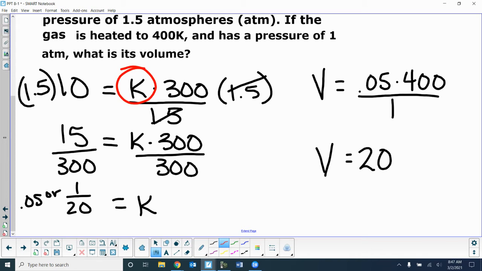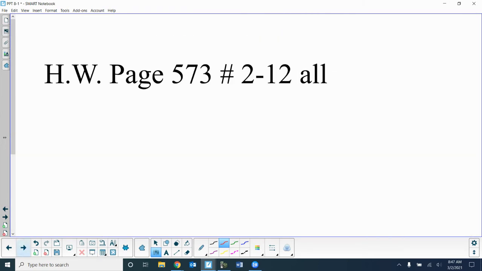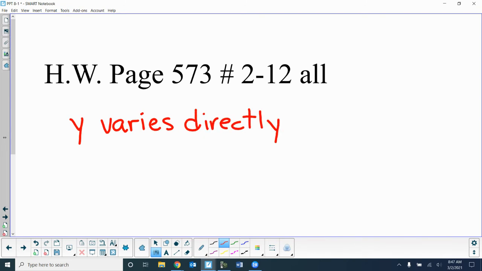Okay, so the directions said that y varies directly as x. That was in the directions. It says write and graph each direct variation function. Again, the graph part I told you guys yesterday, we're not worried about.